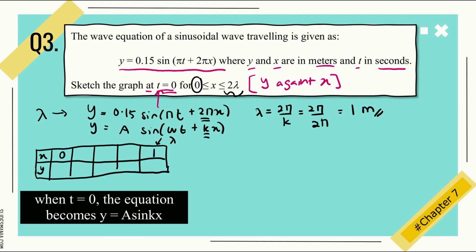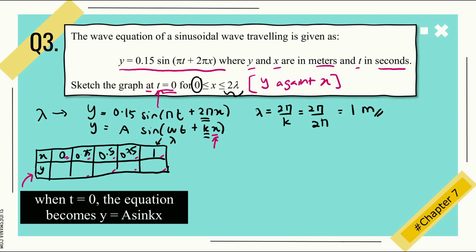Half of the wavelength is 0.5, here is 0.25, and here is 0.75. What we do here is substitute the value of x with 0 and get the value of y. Then we repeat the same thing, substituting the value of x and seeing what happens to y, until one wavelength.